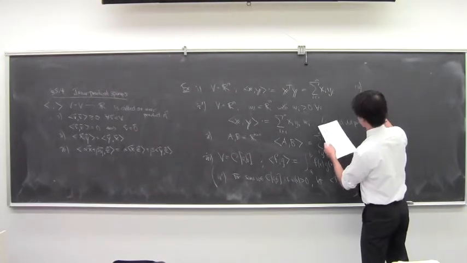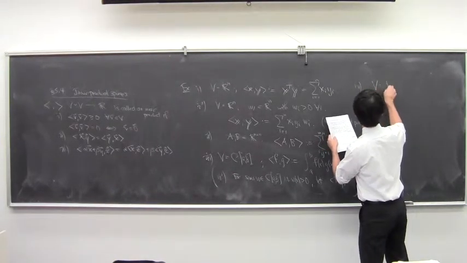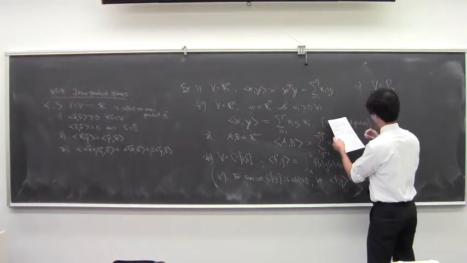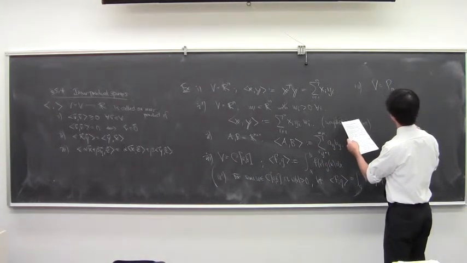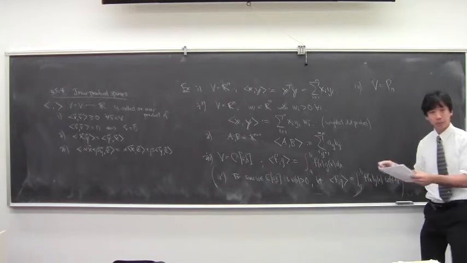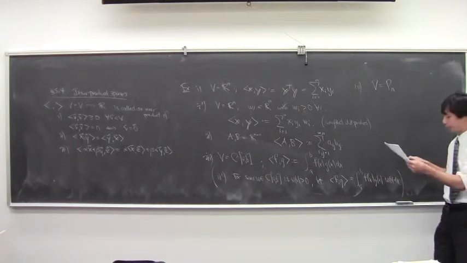Last example, number 4. V is the polynomials of degree less than n. And we're going to define a sort of peculiar dot product on it.